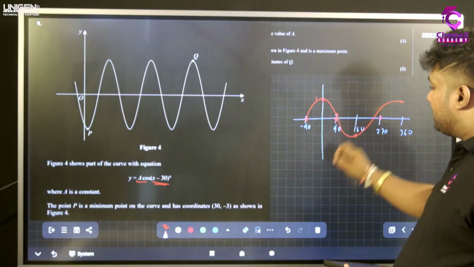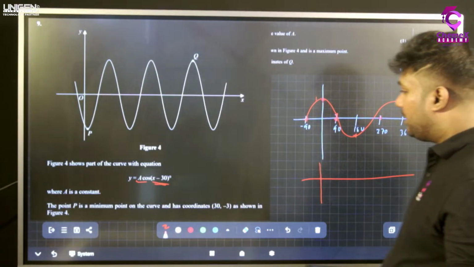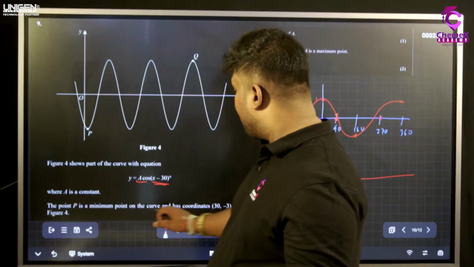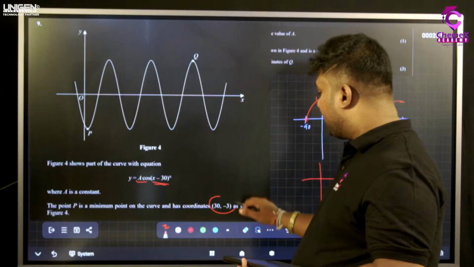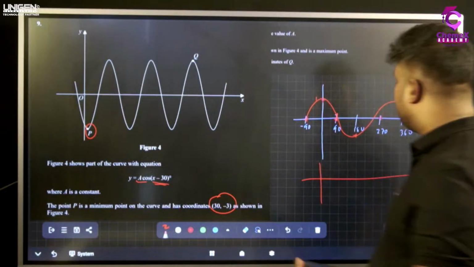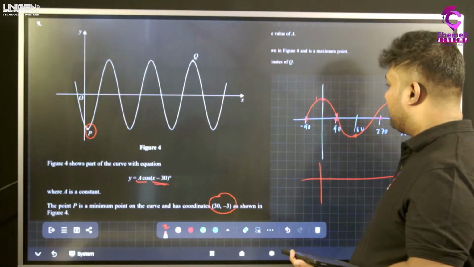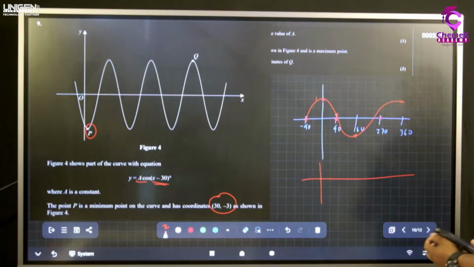So now the point where it cut at 90 is shifted. We don't know A, but they have given that point P is a minimum point that has the coordinate (30, -3). P is the first minimum, right? Then how do you do it? The first minimum is given.